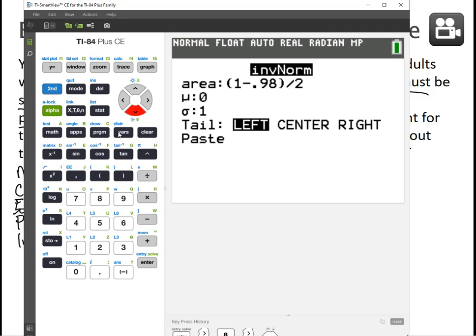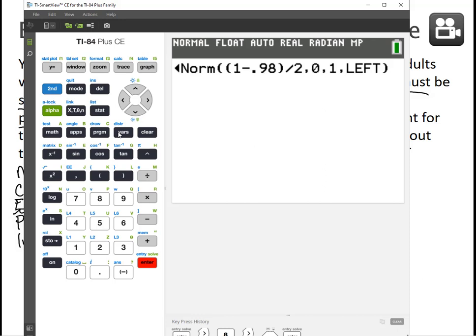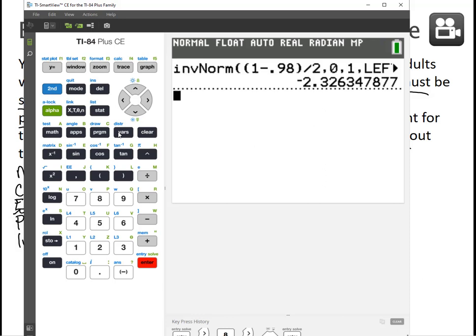My mean is already filled out as 0. My standard deviation is already 1. We've talked before how I'm going to leave my tail as the left tail, since some of your calculators may not have where you can change the tail, and in that case your calculator is going to default to the left tail. All right, I hit enter, and I hit enter again to get my answer. Once again, I am going to take the negative answer the calculator gives me, round it to 2 decimal places, and change that negative to a positive.